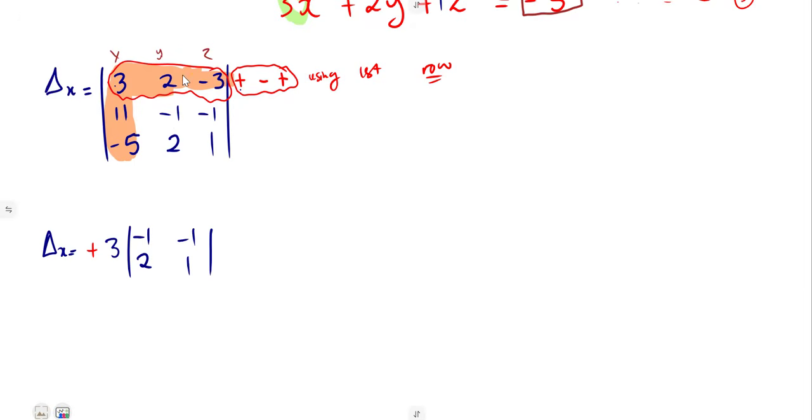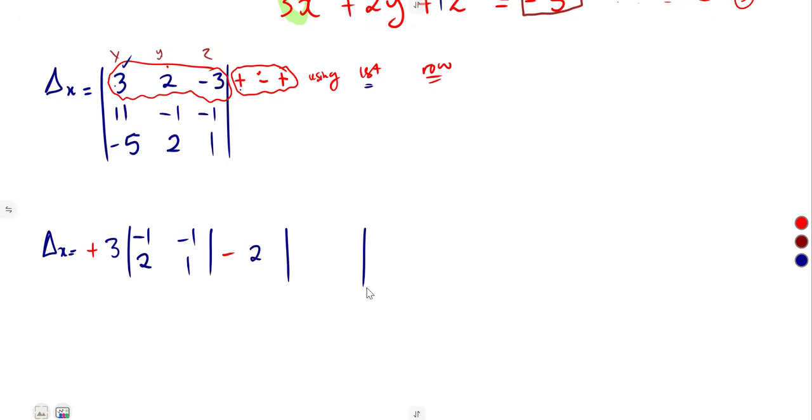So you're going to move on to the next, which is the 2. You're using the first row. So 3 is done, you move on to 2. The sign affecting 2 is a negative sign, so it's going to be negative 2.